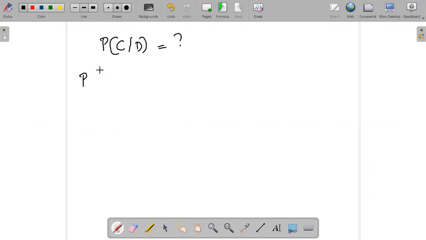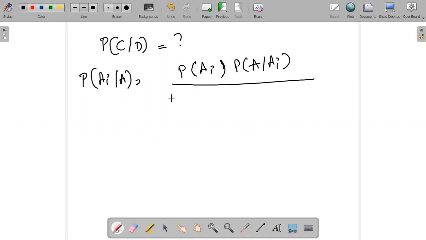Probability of A_i given A is, by Bayes' theorem, P of A_i times P of A given A_i, divided by the summation from i equal to 1 to n of P of A_i times P of A given A_i.